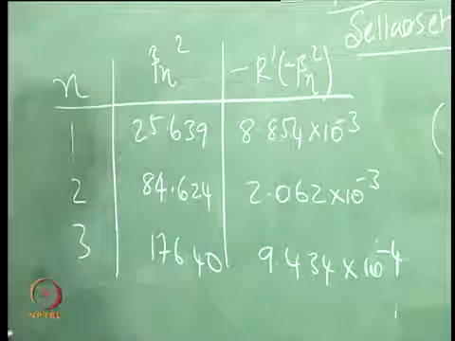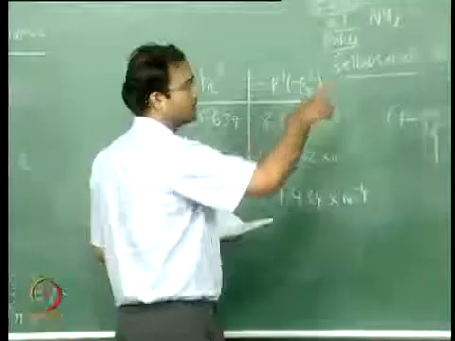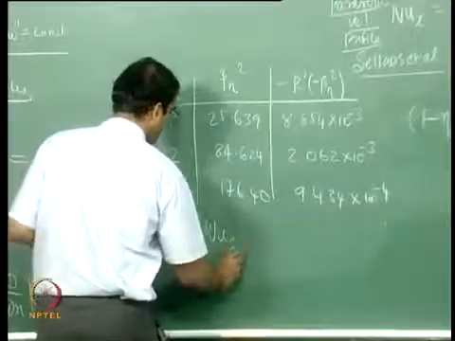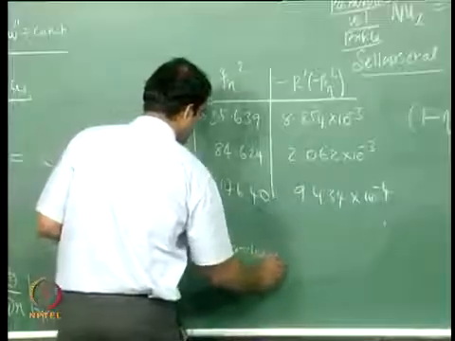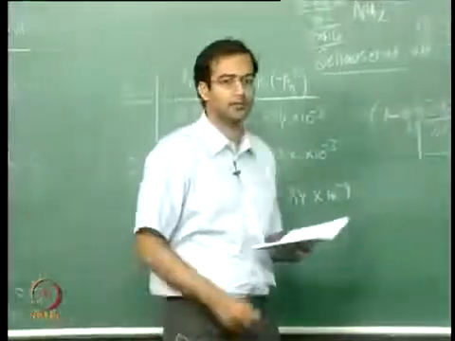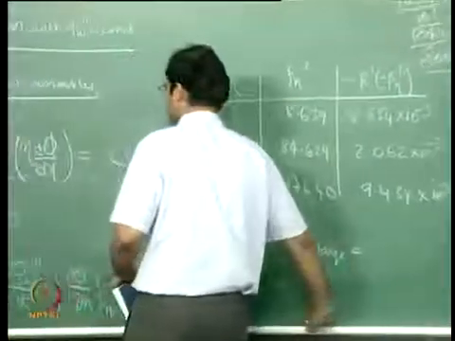Now you can check for large values of zeta. From this table you substitute and calculate what should be the Nu for large values of zeta.